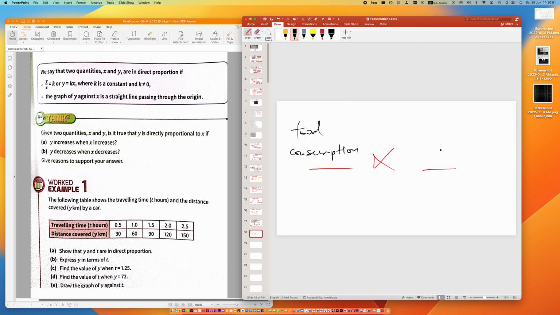What will go up? Weight. Yes. If you eat not so much, then your weight will come down. Generally. Does it make sense? One more.